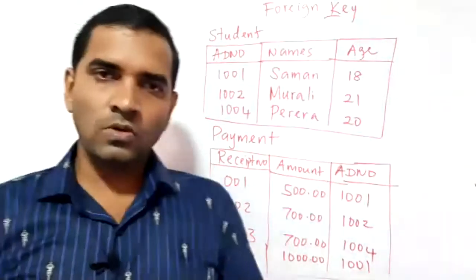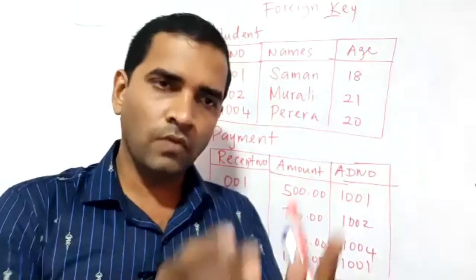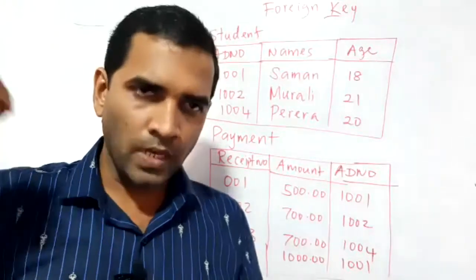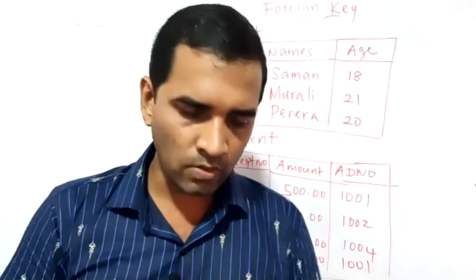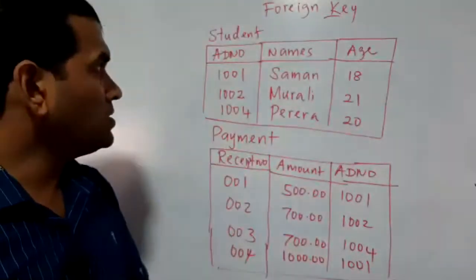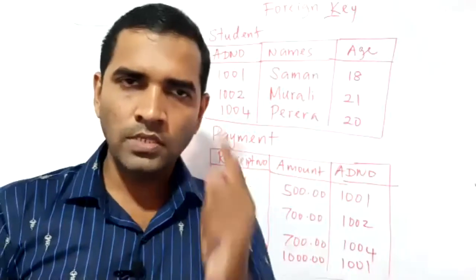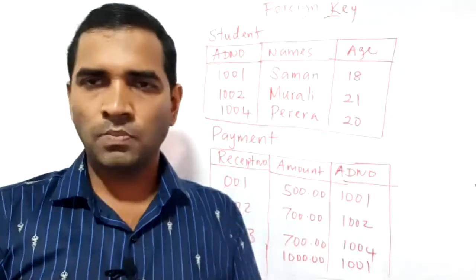Look here. How did I define the term foreign key? If a field in one table is set as primary key in another table, then it's a foreign key. Have a look at the student table. In the student table, we can set the admission number as the primary key.